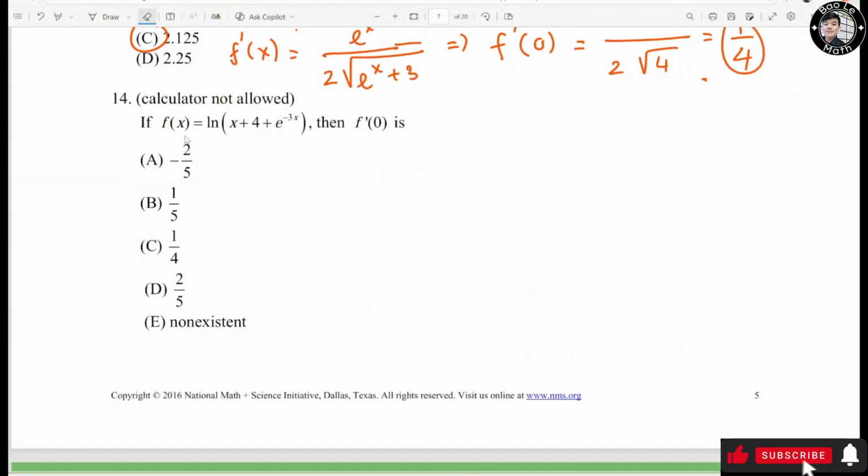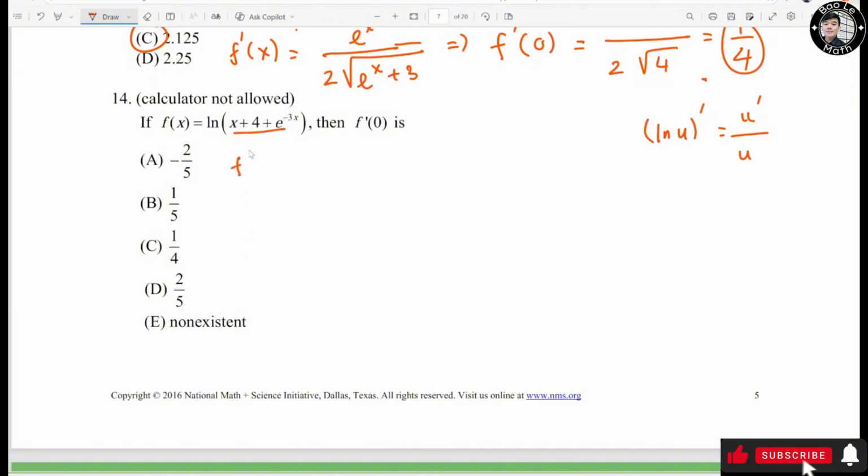Question 14. If f of s equals natural log of s plus 4 plus e to the negative 3s, we need to find f prime of 0. Alright, so we're going to apply the formula: the derivative of natural log of u equals u prime over u. u in this situation is right here.